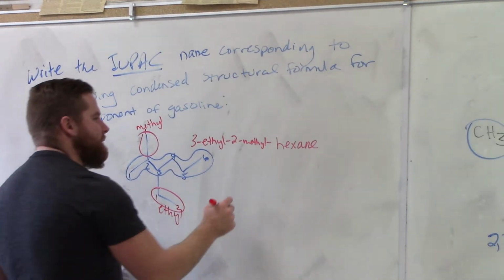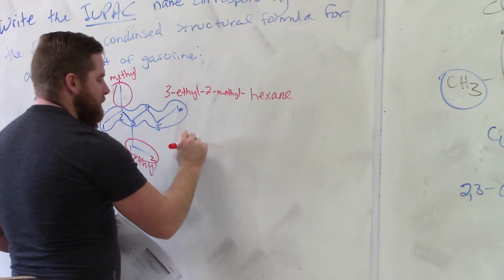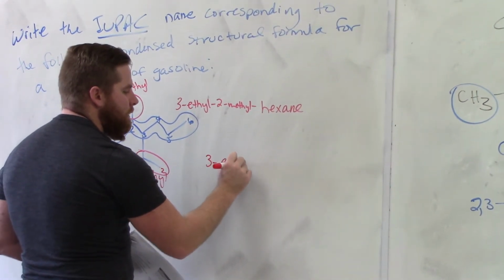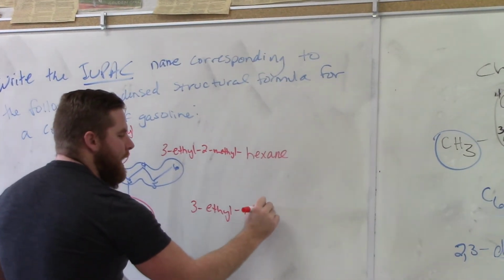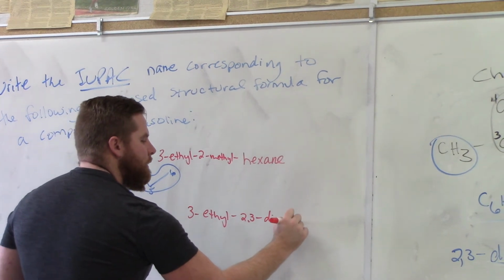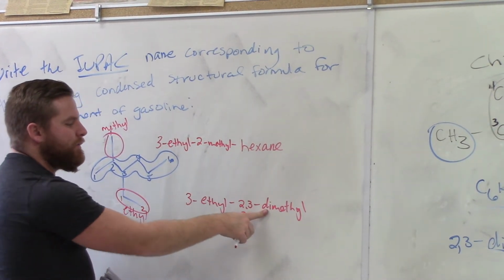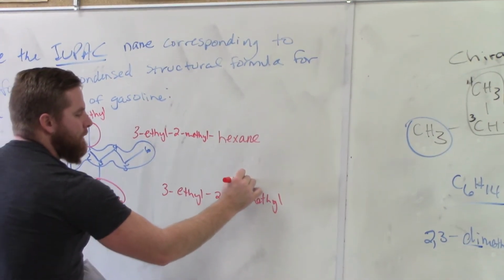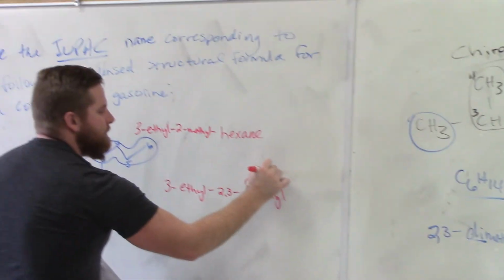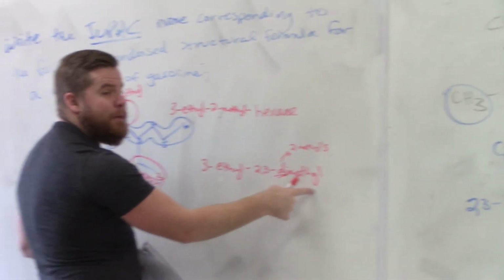Now, if this was, let's say this was 3-ethyl, 2,3-dimethyl. All right, so let's say there was 2 methyl groups. This would indicate 2 methyls, but I would still write it as 3-ethyl, 2,3-dimethyl.